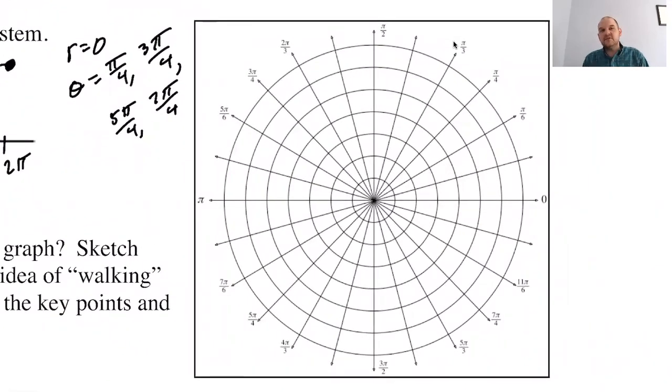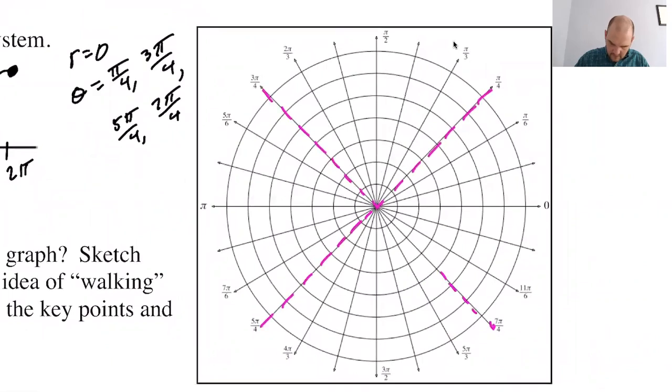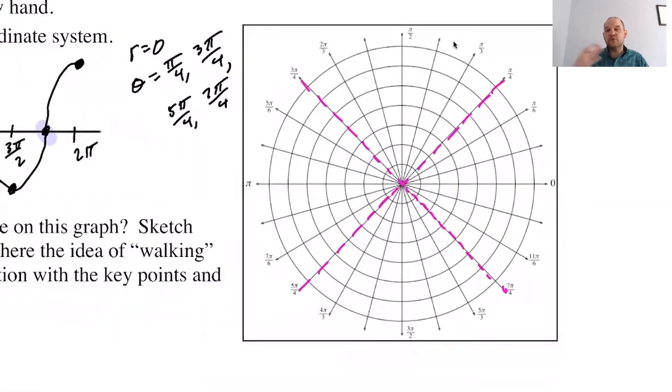For our purposes, they just give the graph more shape. So pi over 4, like this, 5 pi over 4, like that, 3 pi over 4, and then 7 pi over 4. Okay, so we dot those in. They're going to give it more shape.